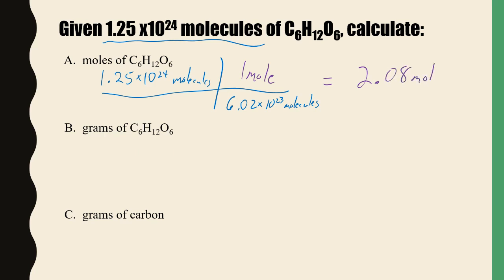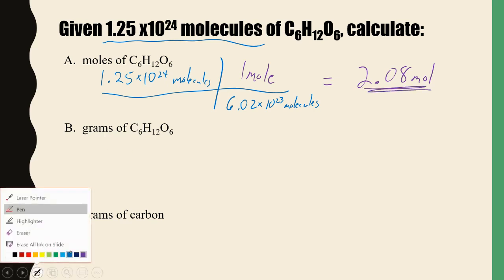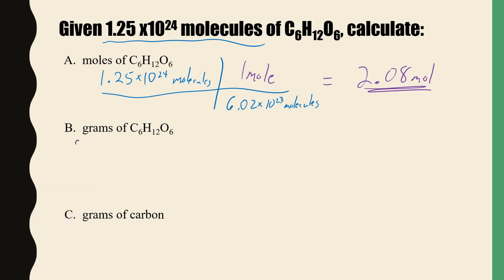And now you will see that when we want grams of that, we use the moles. So to find grams of that, what we need to do is make our little table with atoms and mass and figure out that there are 6 carbon atoms, each with a mass of 12, and there are 12 hydrogen atoms, each with a mass of 1, and there are 6 oxygen atoms, each with a mass of 16.